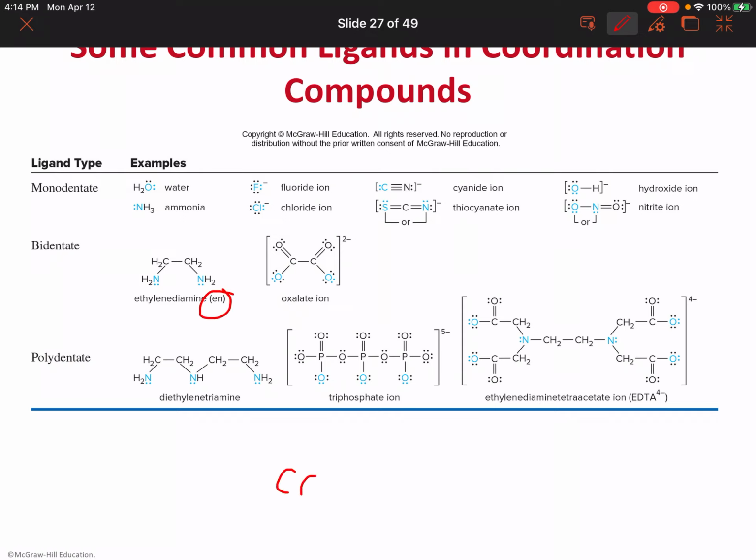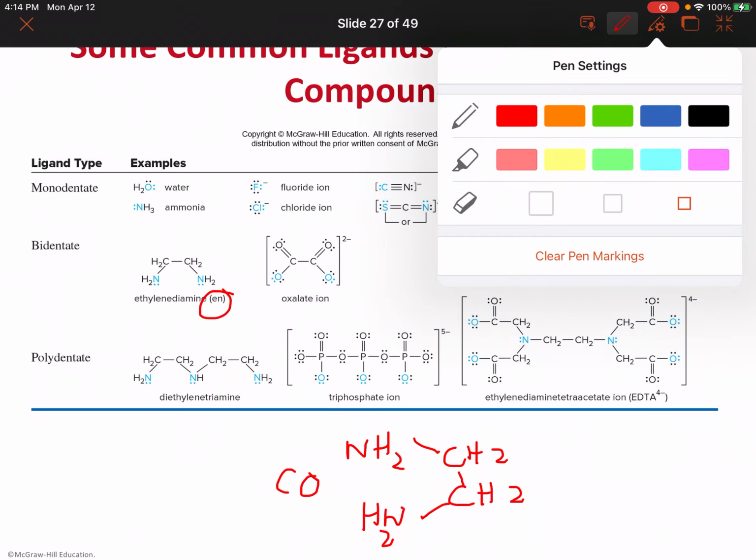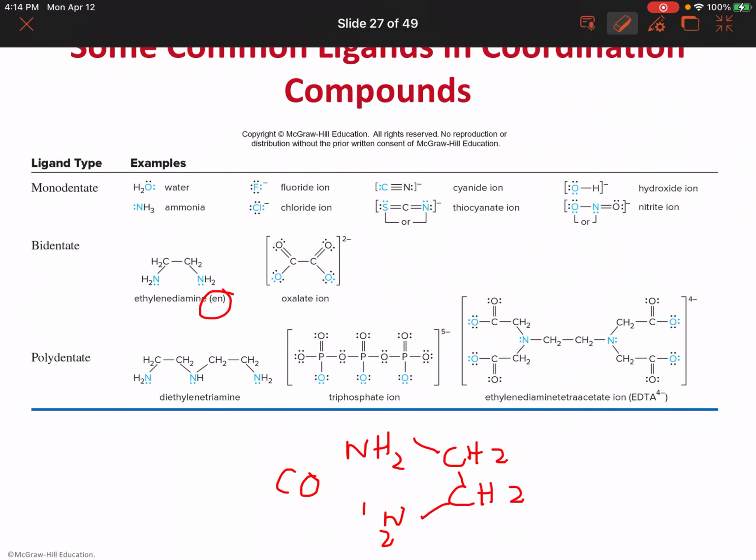Let's say you have cobalt here. So NH2 and CH2, CH2, NH2. H2N.